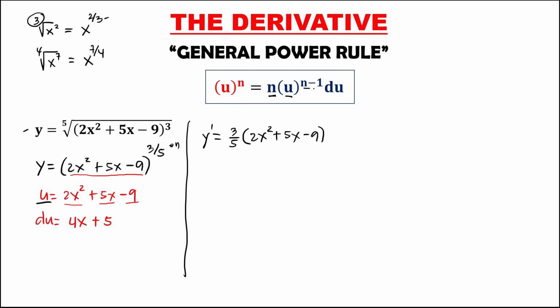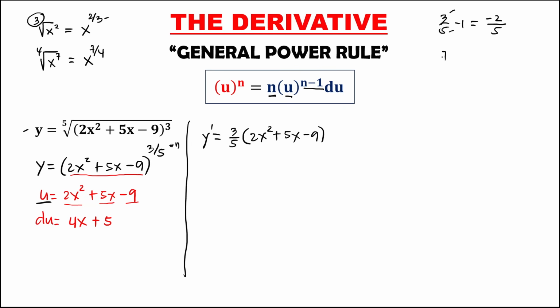Then for n minus 1, if we have 3 over 5 minus 1, the shortcut method is to just subtract these two numbers, so we have 3 minus 5, which is negative 2, and copy the denominator.